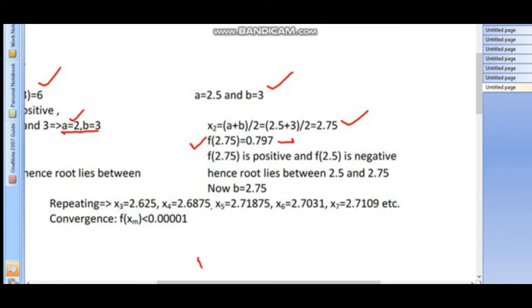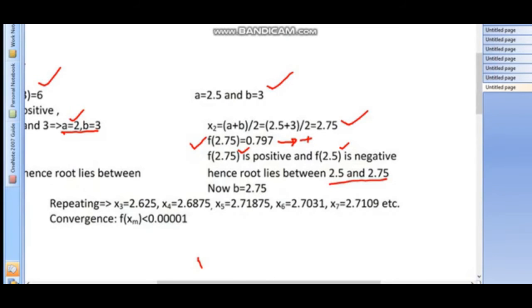So this is a positive quantity. When it is positive, then you have f of 2.5 as negative, and f of 2.75 as a positive value. So the root lies between 2.5 and 2.75.